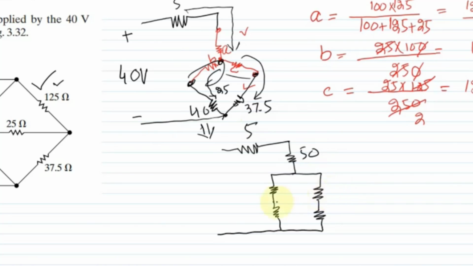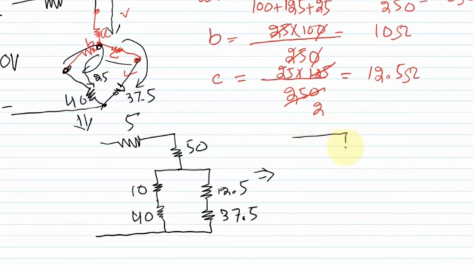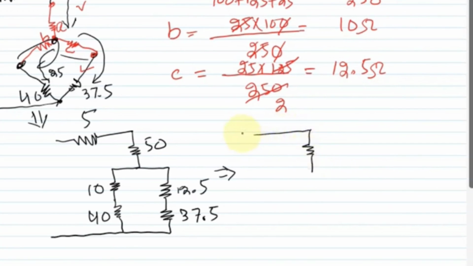Similarly, the value of resistor B is 10 ohm, and the resistor here is 40. The resistor here, we have now found out, is 12.5, which is the value of resistor C, and similarly this is 37.5.